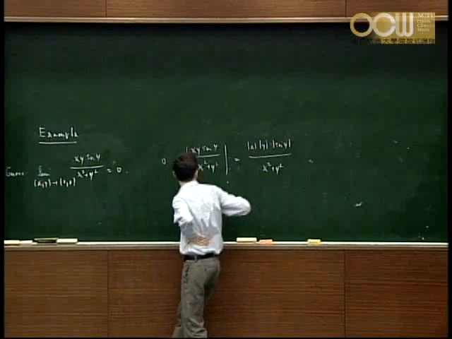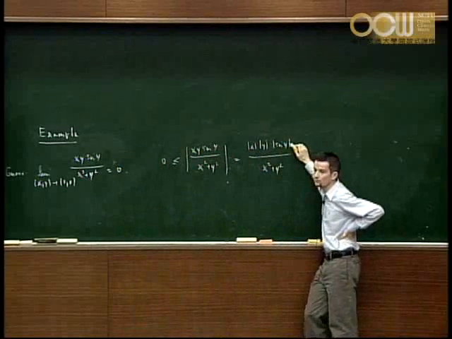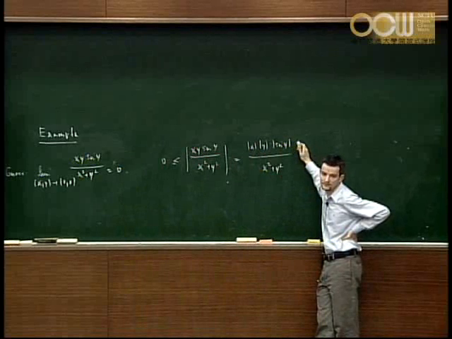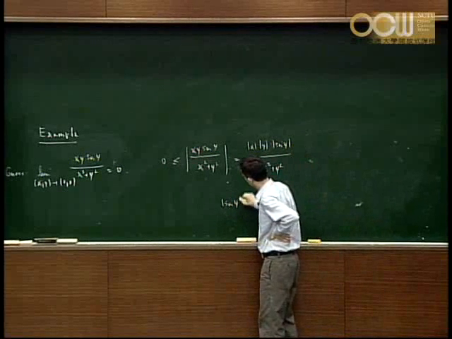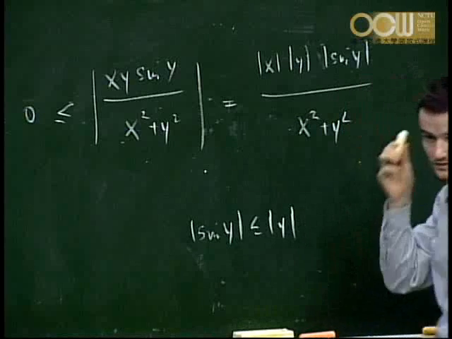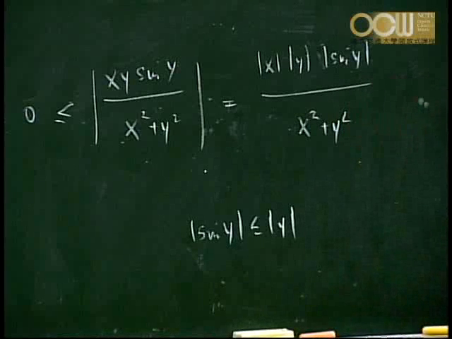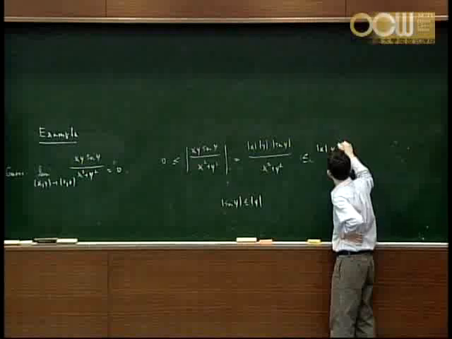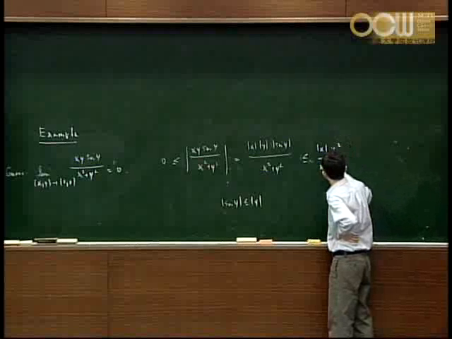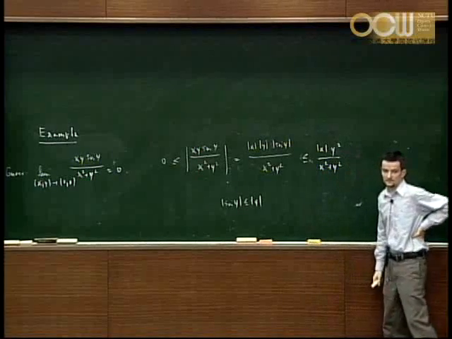So using that this is smaller or equal than 1 is useless. This we already know. But an inequality which is better is this one. If you use this, then what you get is that this is smaller or equal than the absolute value of x times y squared over x squared plus y squared.